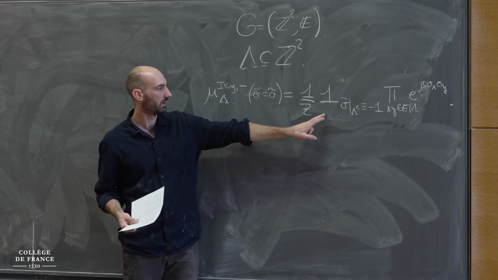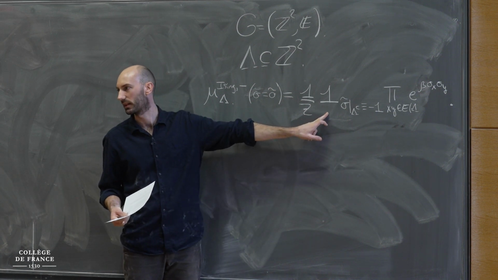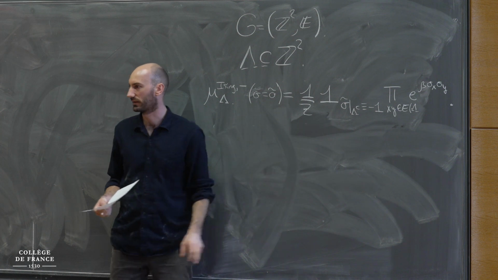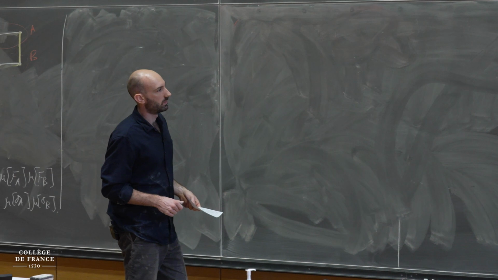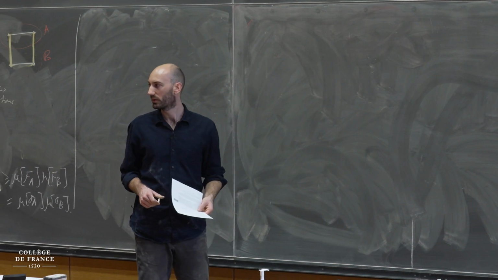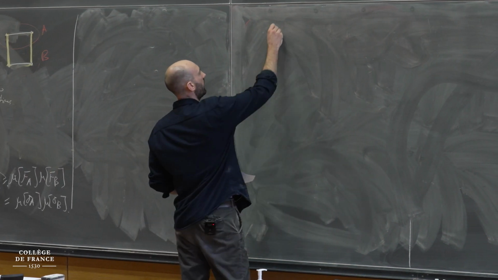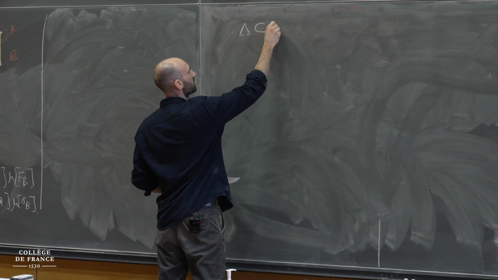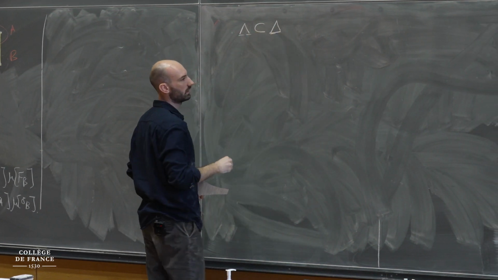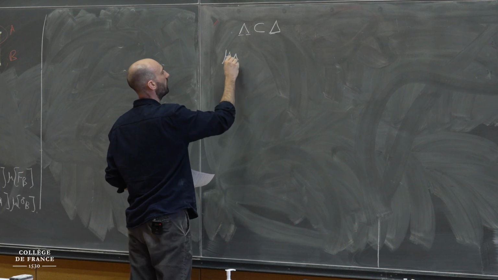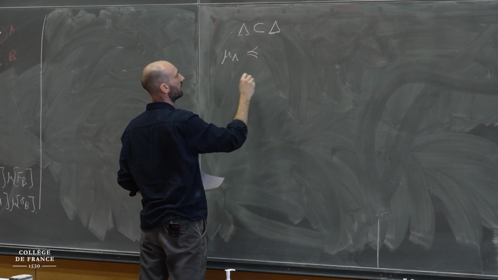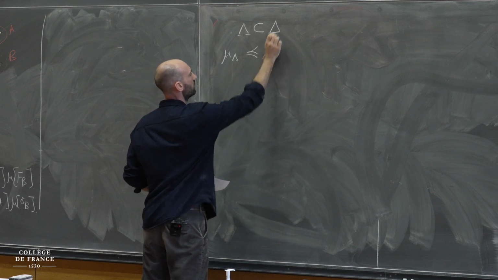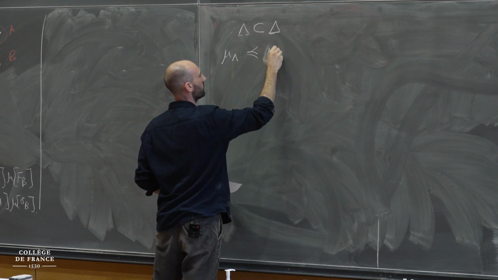Right? Also, for example, this indicator clearly satisfies the FKG lattice condition. But now we can do something cool, which is called comparison of domains. So if lambda is a subset of delta, then mu of lambda is stochastically dominated by mu of delta.